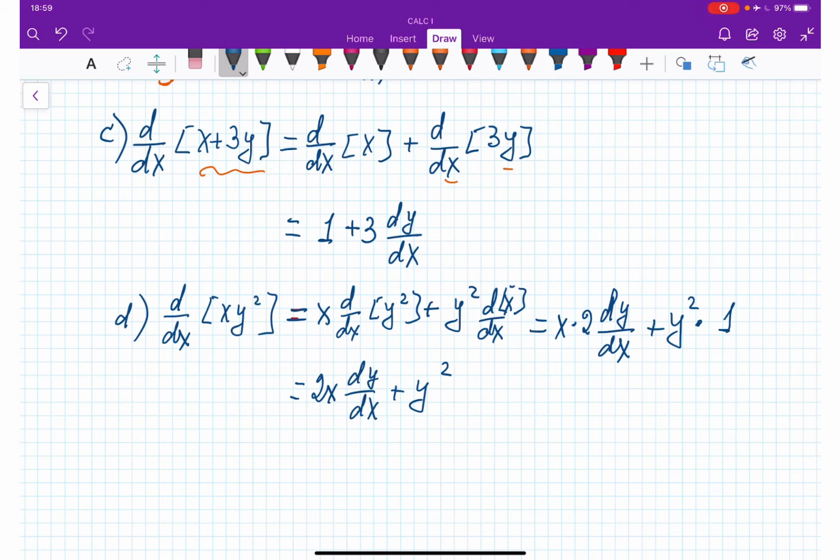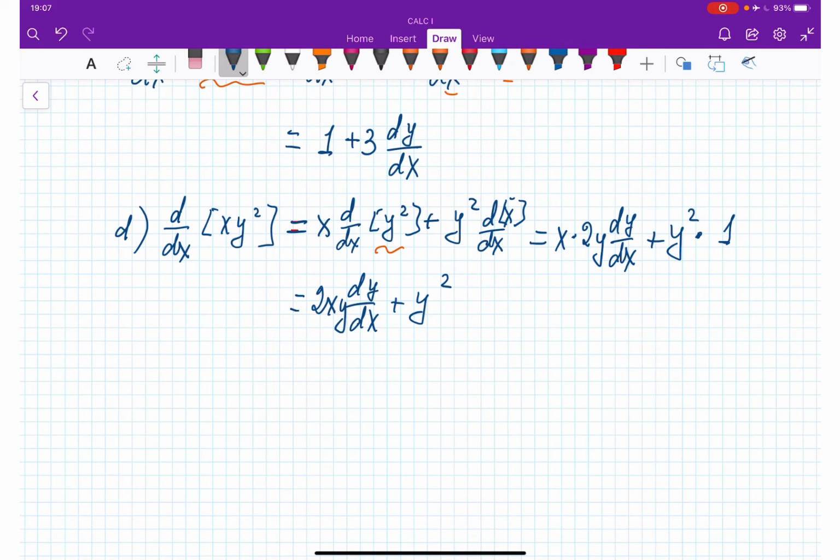Did I forget y here? Yes, because I have y squared, so it's 2y as a chain rule, and then dy by dx. Okay, 2xy dy by dx plus y squared.